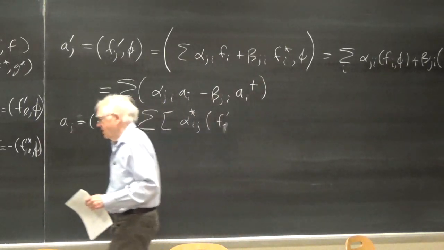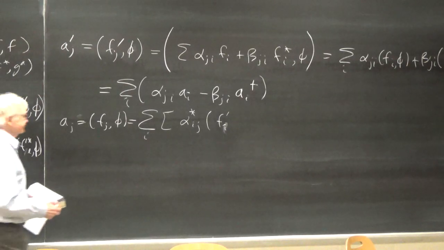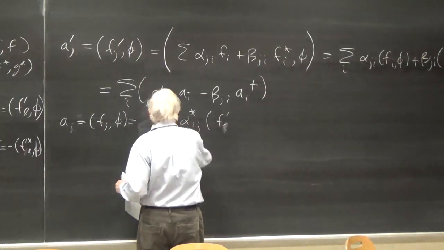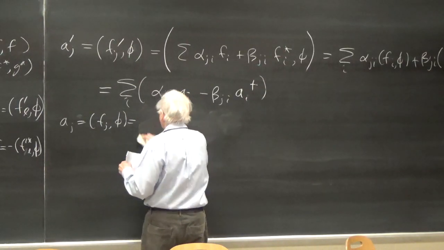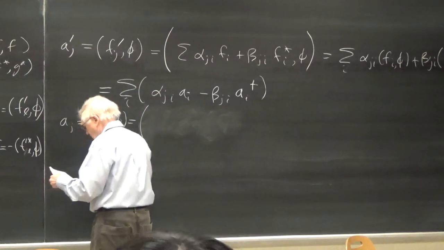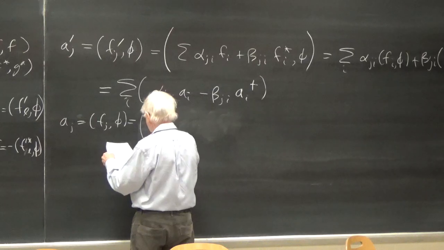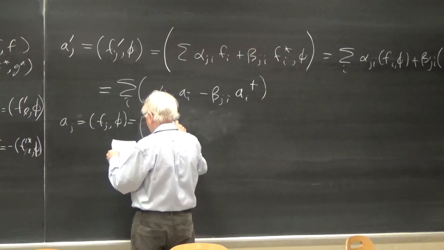And in fact, let me do this in two steps. In the notes, I wrote this in a different way. So we'll write the f_j in terms of the f primes.